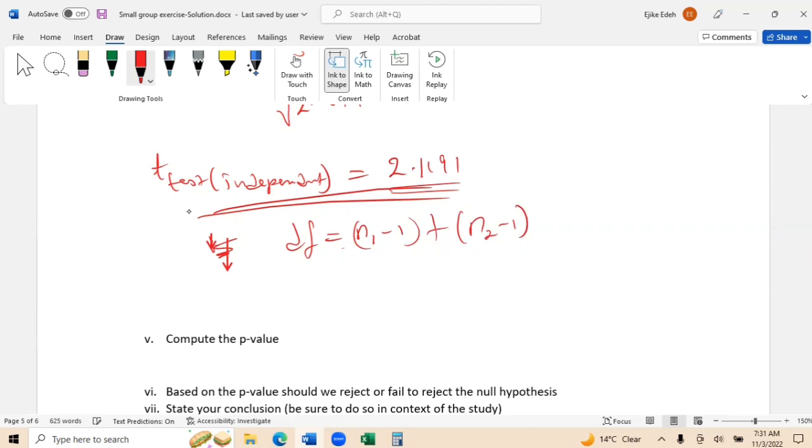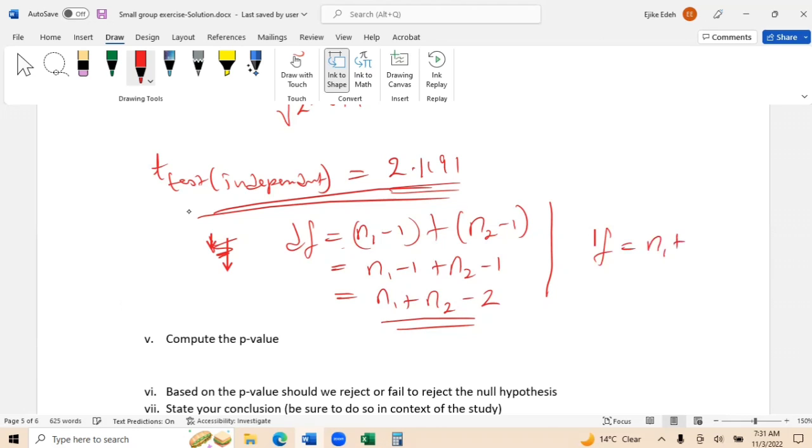If you simplify this algebraically, removing parentheses and collecting like terms, you get the formula for the degree of freedom for the independent sample t-test. So the degree of freedom that we need here will be n1 plus n2 minus 2.